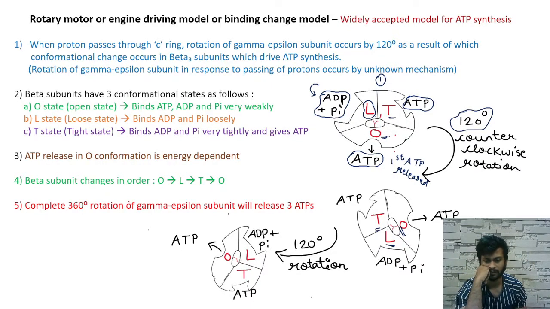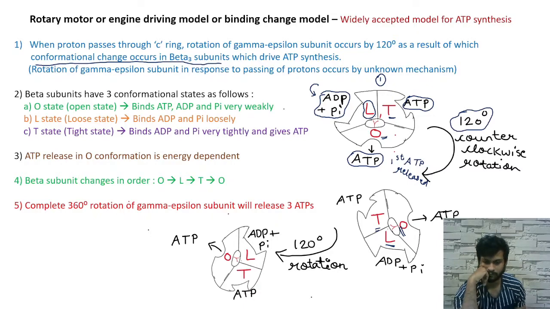Similarly over here, O state has been changed to L state and T state has been changed to O state due to counterclockwise rotation, because we have seen that due to rotation there is conformational change in the beta subunit.